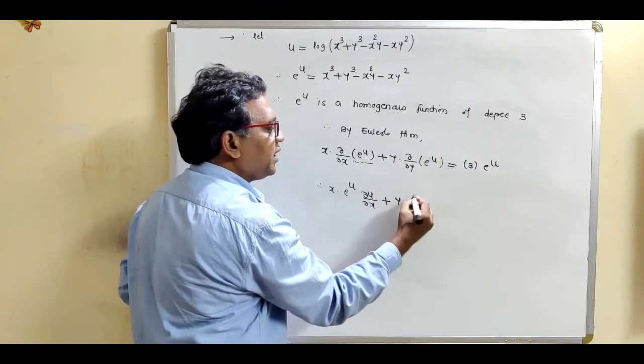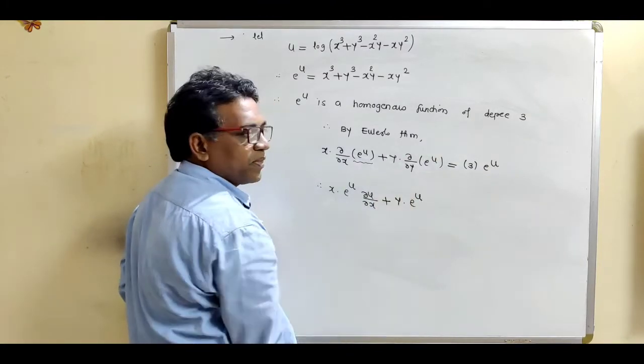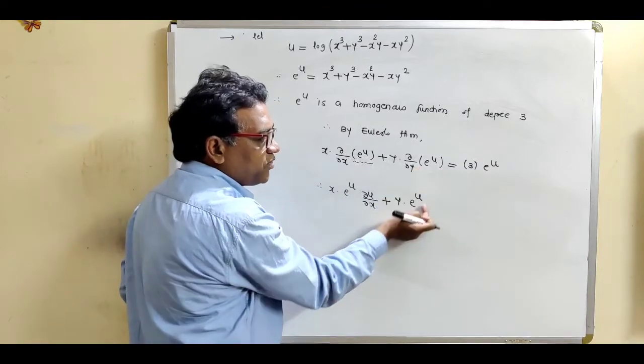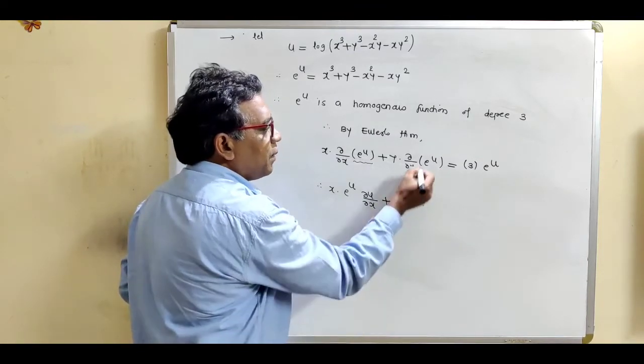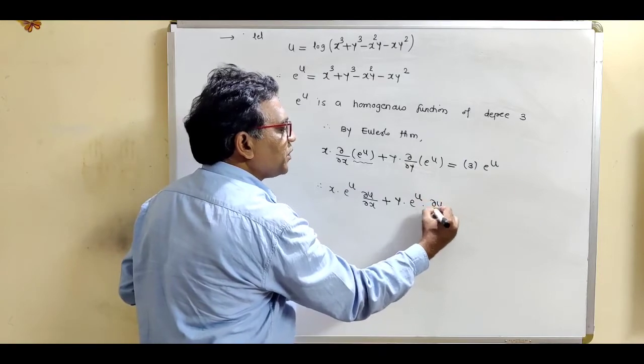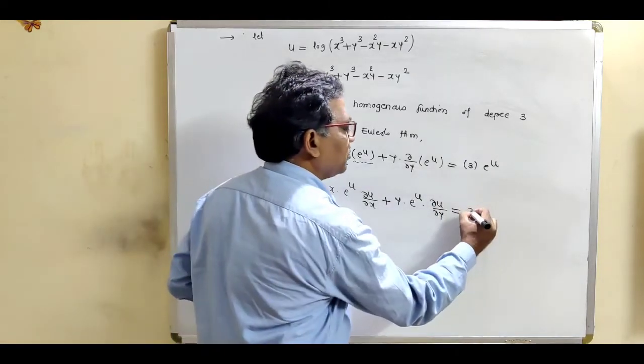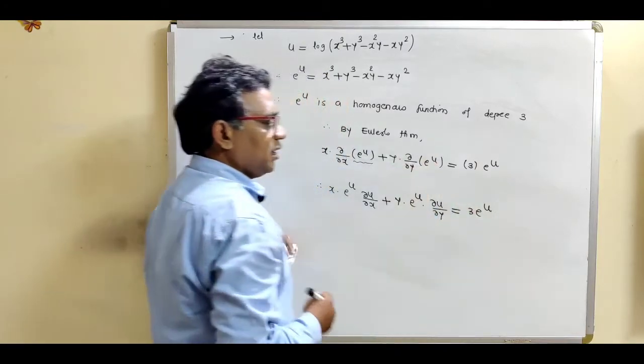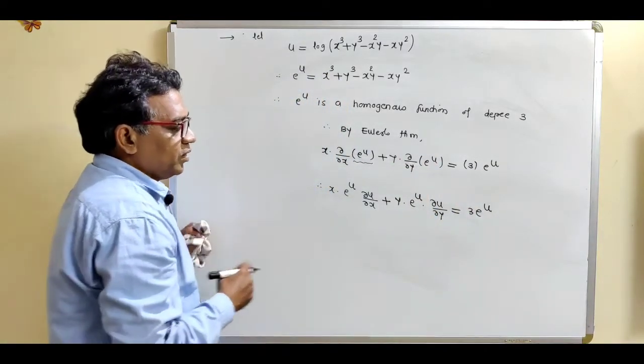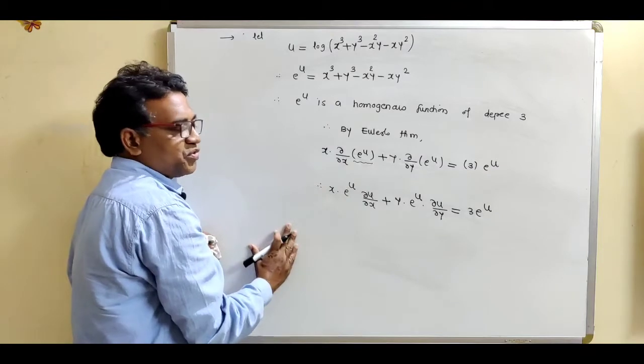First write derivative of e raised to u, it is same, into del u by del y, is equal to 3 e raised to u. So now divide throughout by e raised to u.